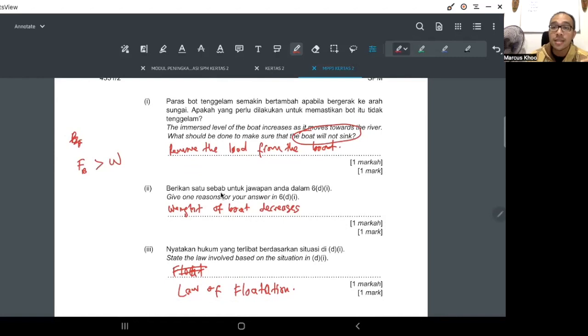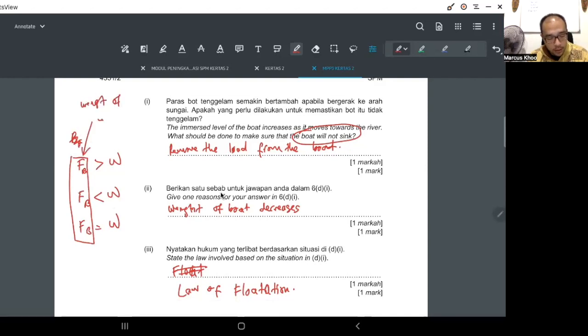This is the flotation law, which has 3 aspects: buoyant force bigger than the weight, smaller than the weight, and equal to the weight, which determine whether it floats or sinks. Archimedes' principle only talks about the buoyant force, which equals the weight of water displaced.